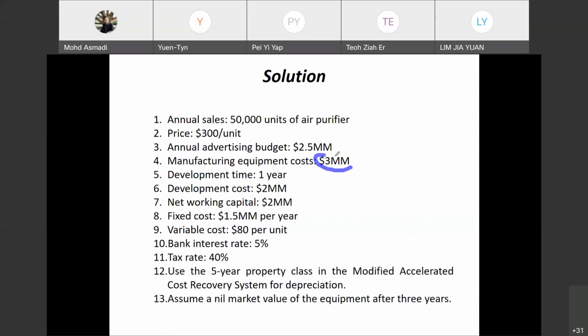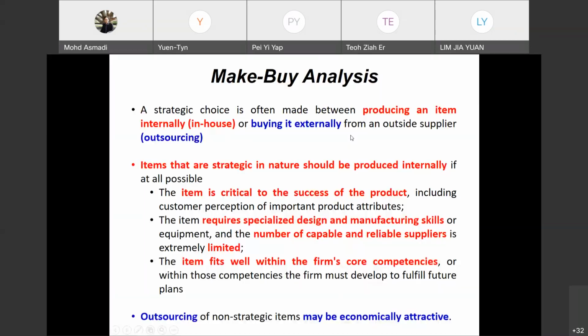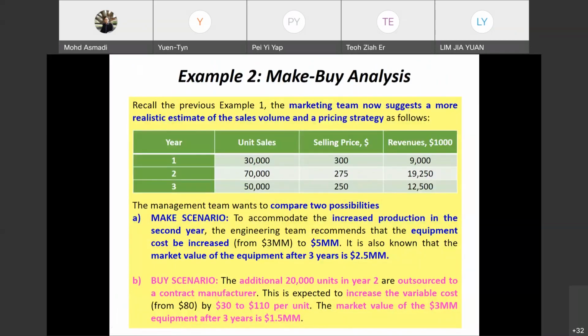It is also known that the market value of the equipment after 3 years is 2.5 million. Previously, we assumed nil or zero, no value for the equipment after 3 years, but now they have 2.5 million.